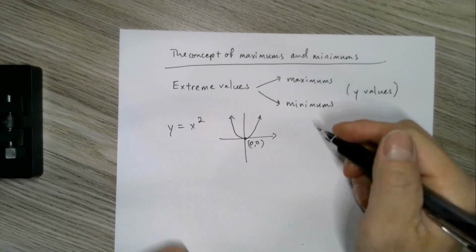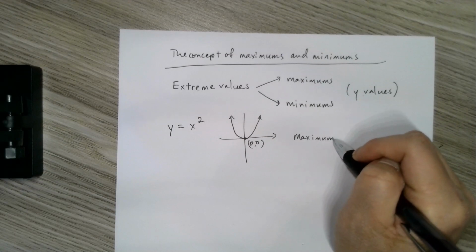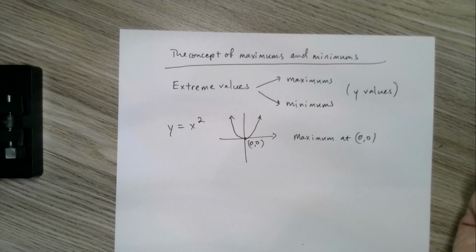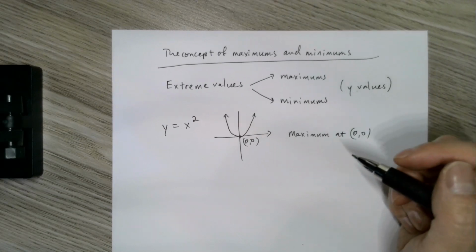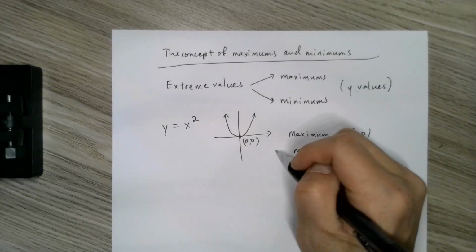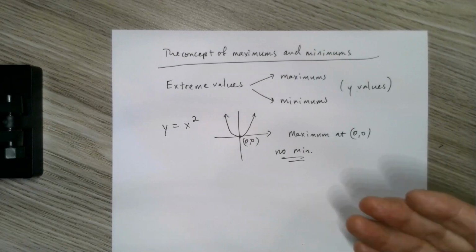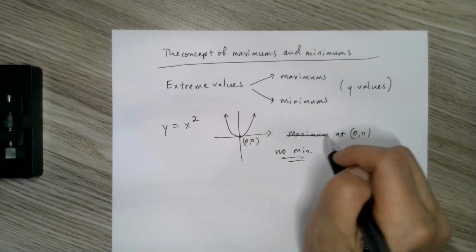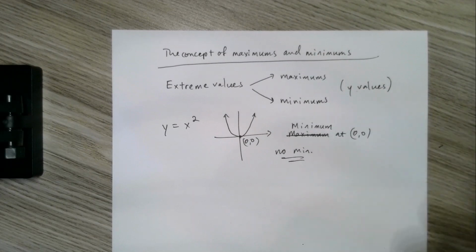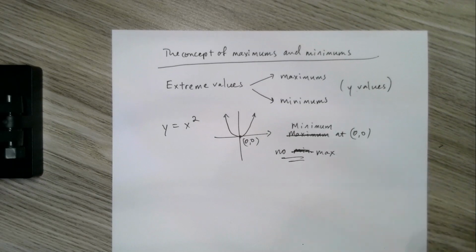So there is a max at (0, 0), but there is no minimum. There is no min. So this function has a max at (0, 0). I mean, sorry, that's backwards. This function has a minimum at (0, 0), and no max.